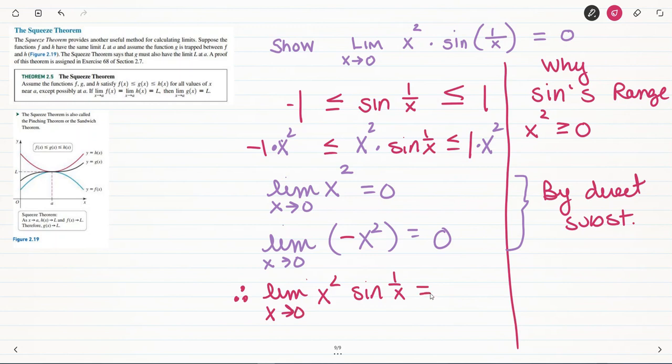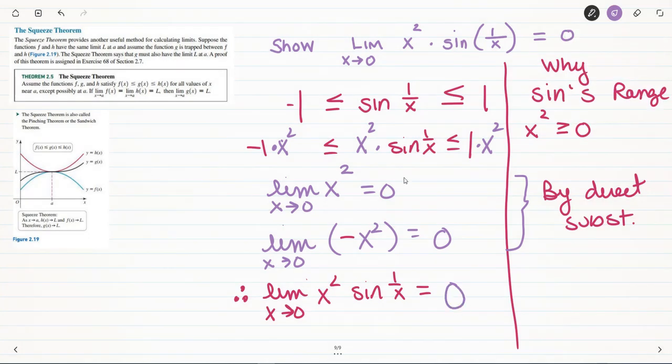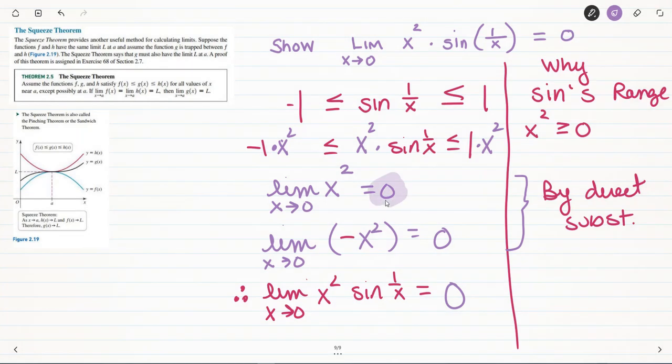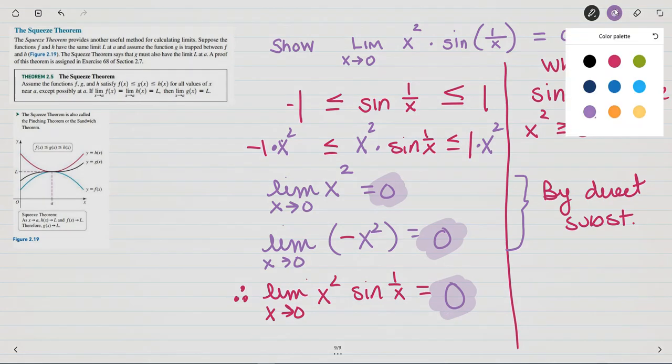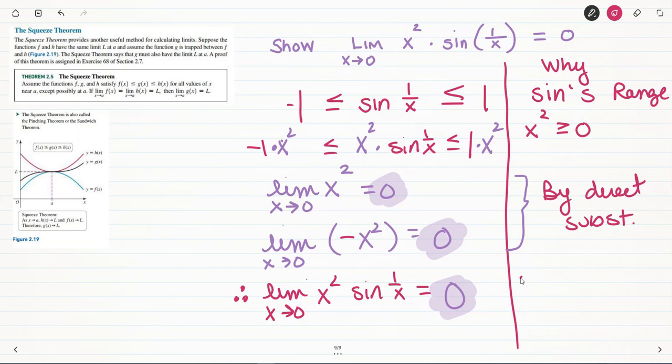I know that this limit has to be the same as the limit we got here, because these were the same, and because our x squared times sine of 1 over x is squeezed in between these two, I know that its limit must also be 0. So the reason I'm going to state here is going to be by the squeeze theorem.